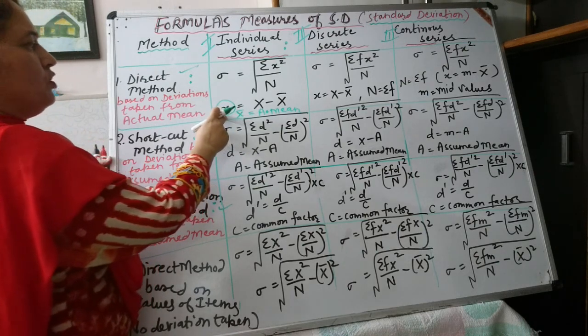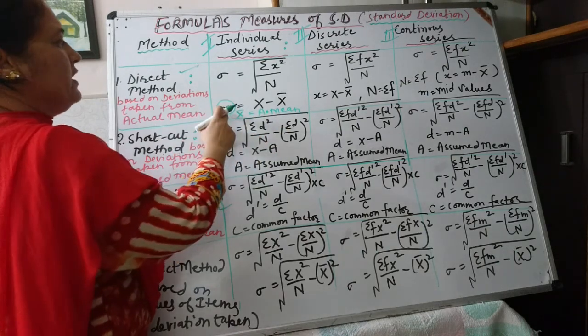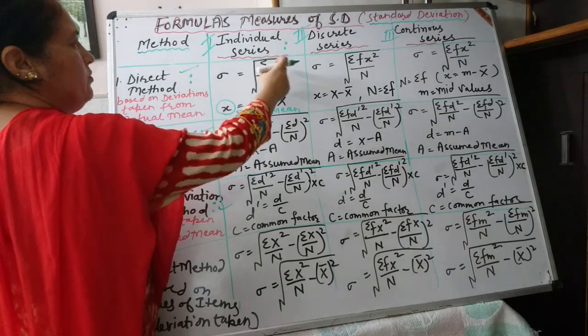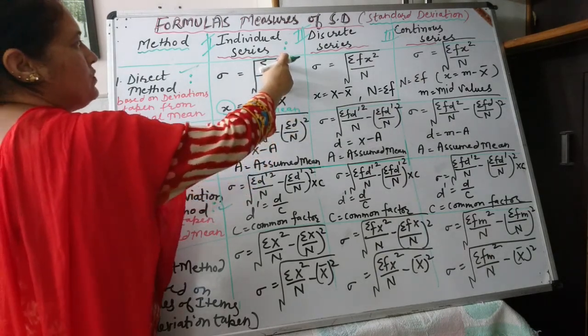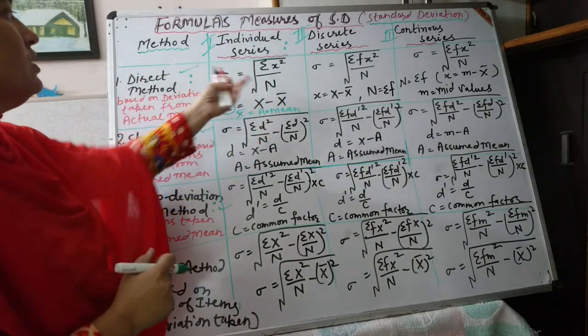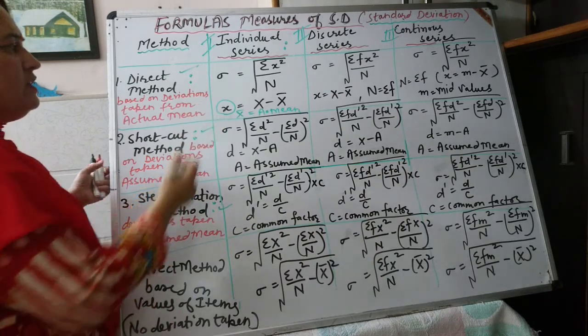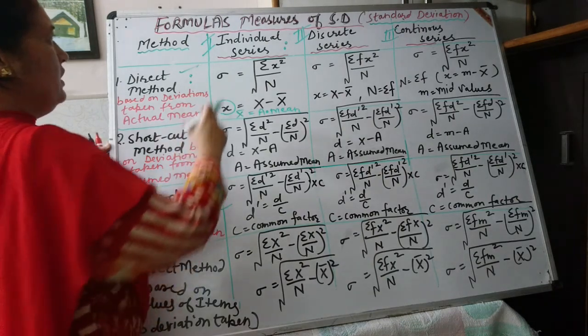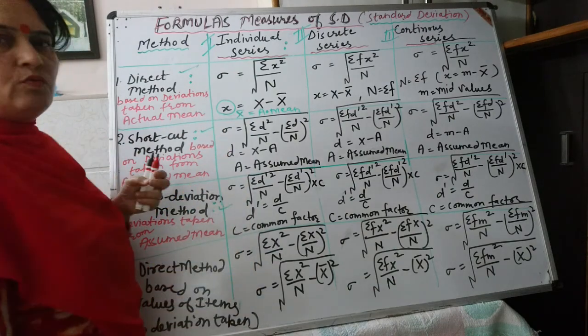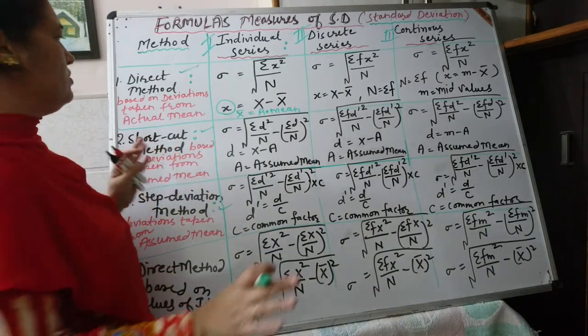After calculation of small x, in the next column you can square the small x, then sum total all the values of x square. So calculate sigma x square and n means total number of items, because here frequency is not given. All individual series are frequency free.